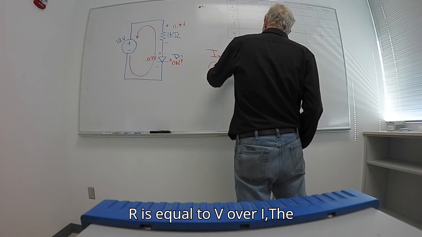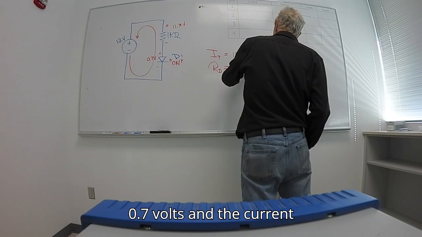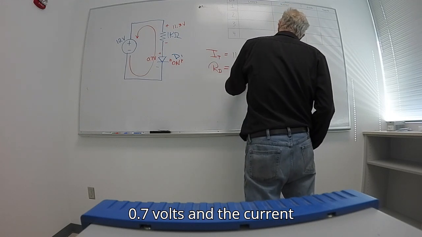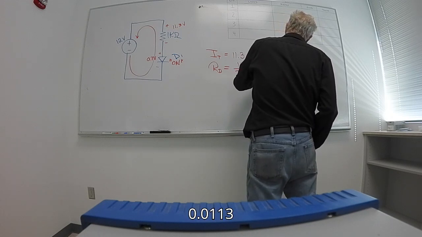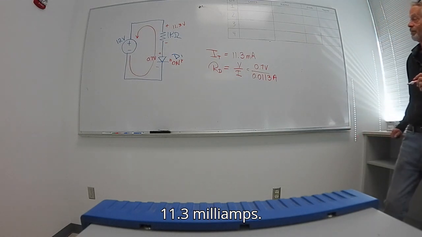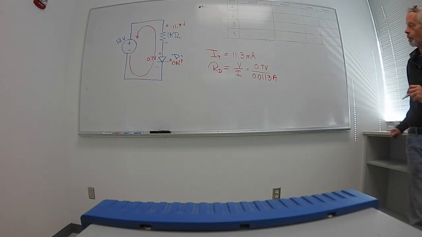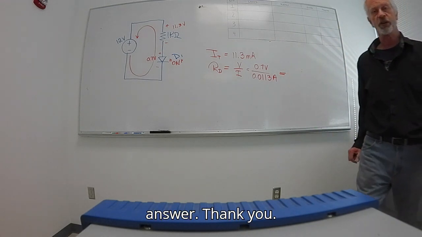R is equal to V over I. The voltage across the diode is 0.7 volts, and the current is 0.0113 amps, or 11.3 milliamps. And that is the correct answer.